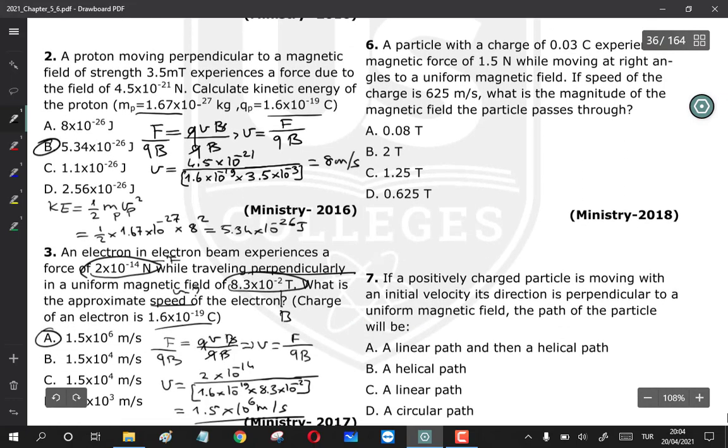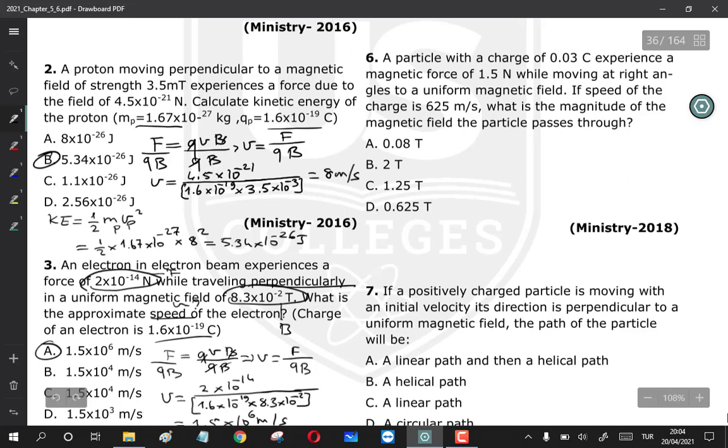Question number 6. A particle with a charge of 0.03 coulomb, so this is Q, experiences a magnetic force of 1.5 newton, this is F, while moving at right angles to the uniform magnetic field. If the speed of the charge is V, given as 625, what is the magnitude of the magnetic field the particle passes through?